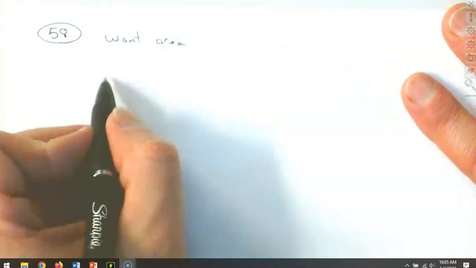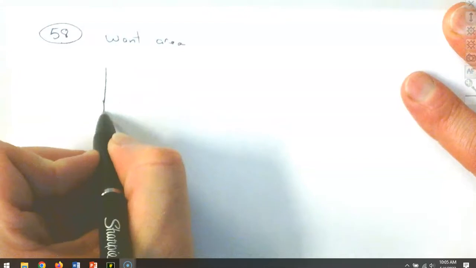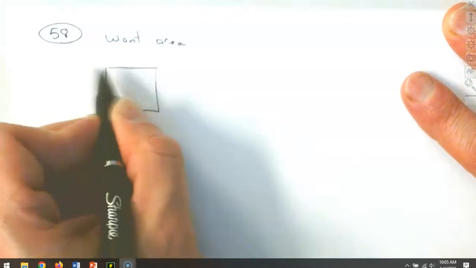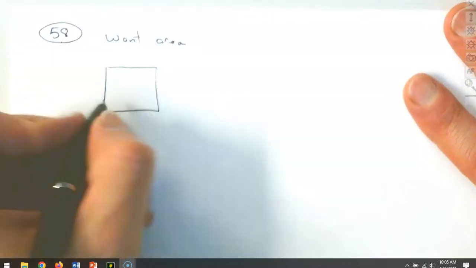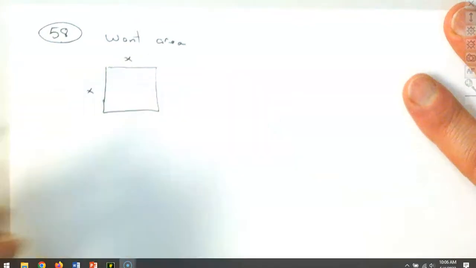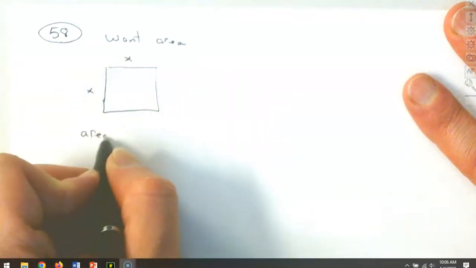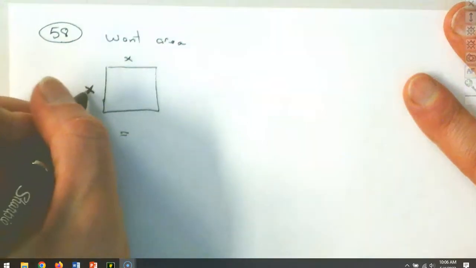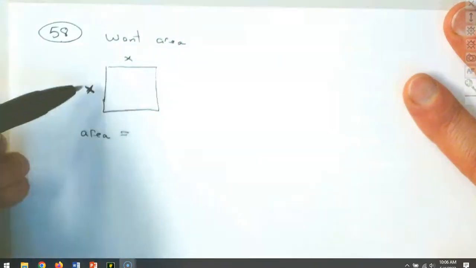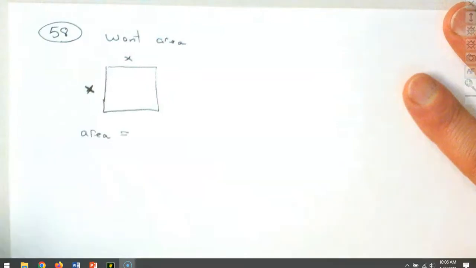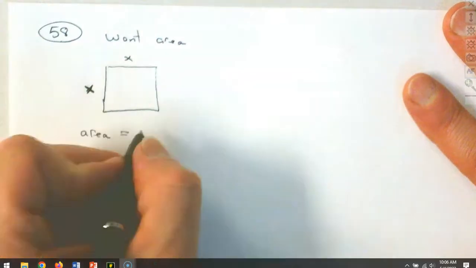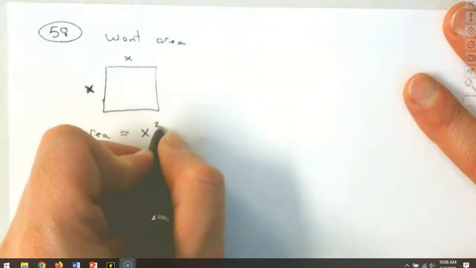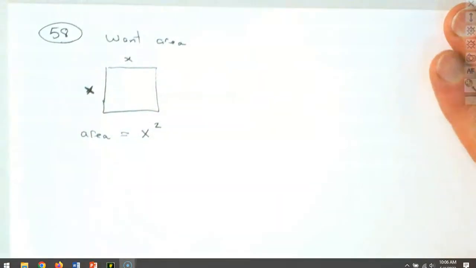And we're going to start with our picture. And this picture is x by x. So what would this area be? Okay, length times width. It's very simple. Don't make it more difficult than what it needs to be. Length times width. That's x times x, which is x squared, right?